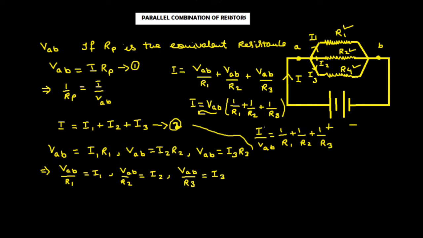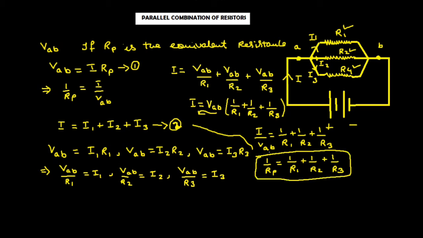This I divided by VAB is nothing but 1 by RP. So here we can write 1 by RP is equal to 1 by R1 plus 1 by R2 plus 1 by R3. If n number of resistors are connected in parallel, we can write 1 by RP equal to 1 by R1 plus 1 by R2 up to 1 by Rn.